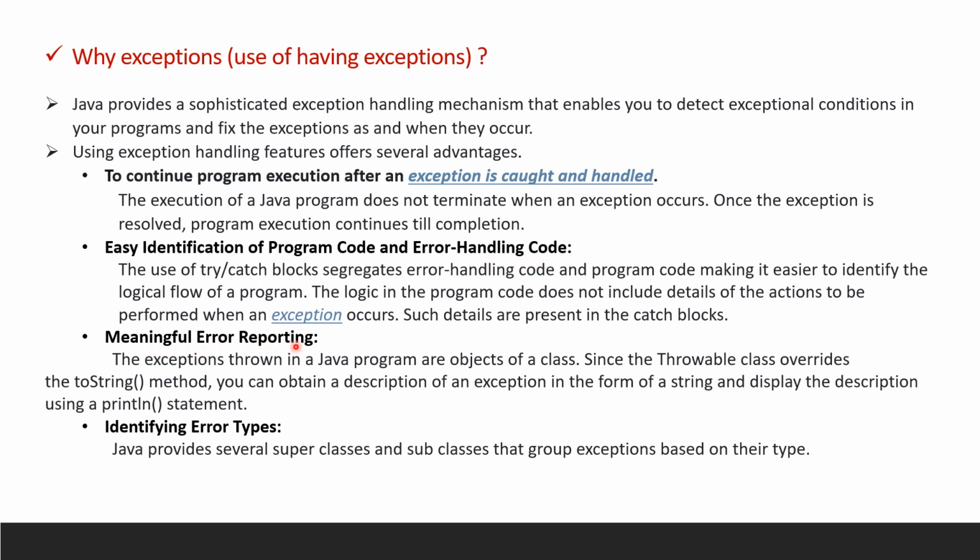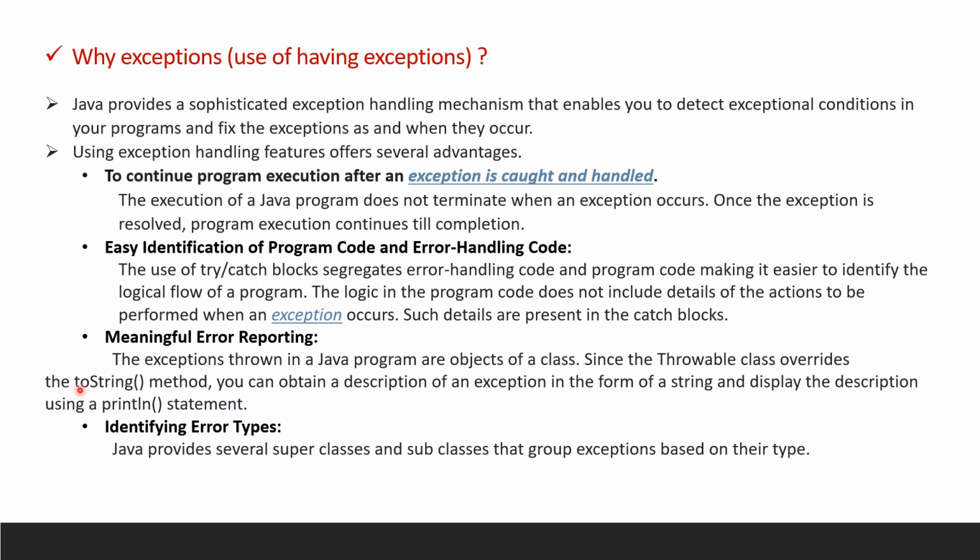Then meaningful error reporting. The exceptions thrown in a Java program are objects of a class. Since the Throwable class overrides the toString method, you can obtain a description of an exception in the form of a string and display the description using a println statement.